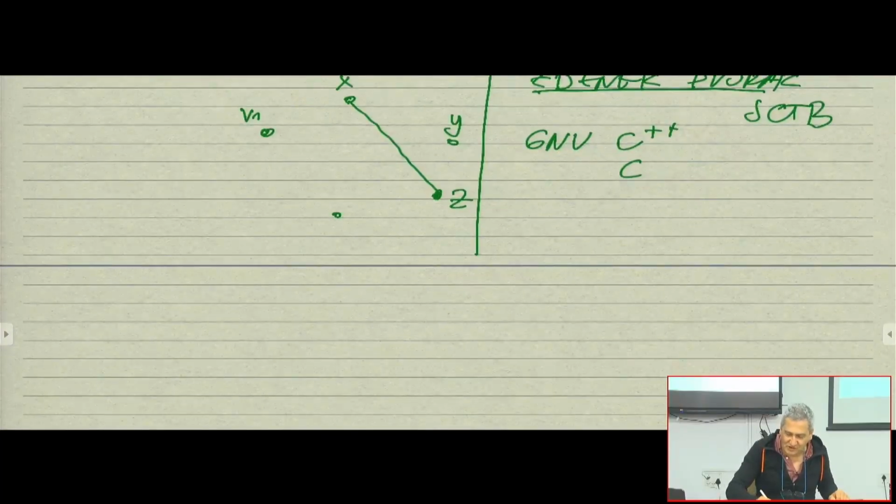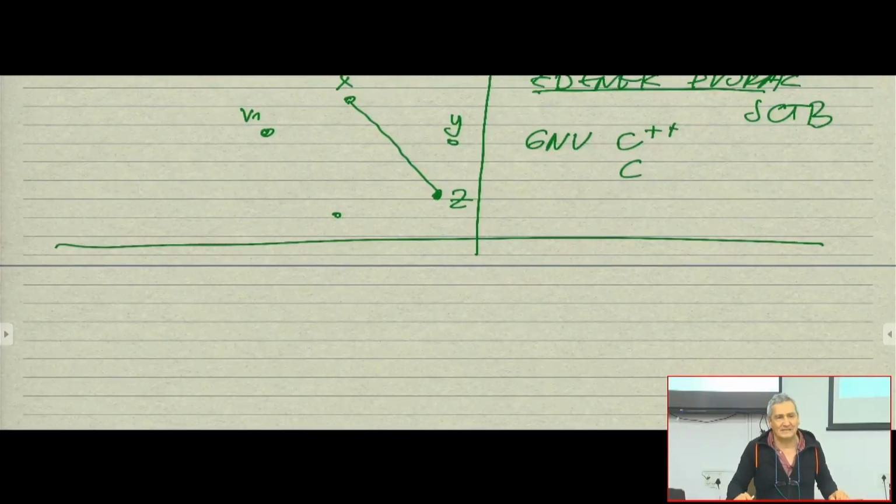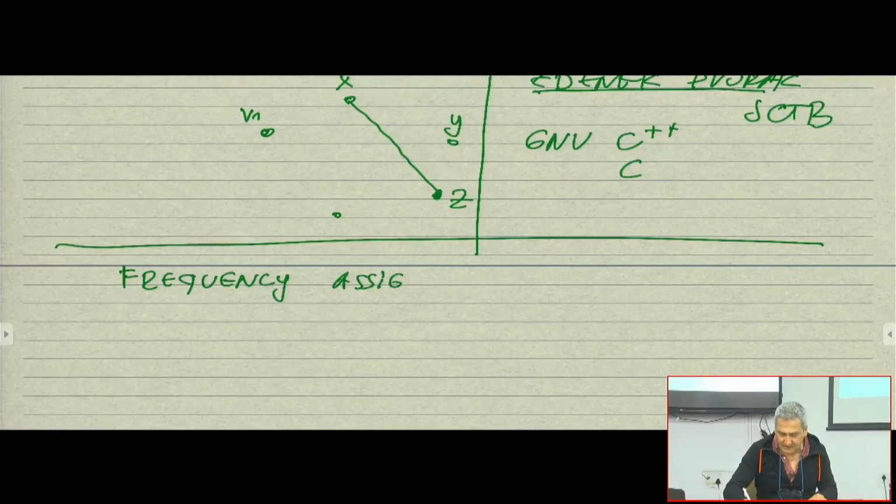So there are many such applications. One more application is, let's say, frequency assignment, or channel assignment, in wireless networks.